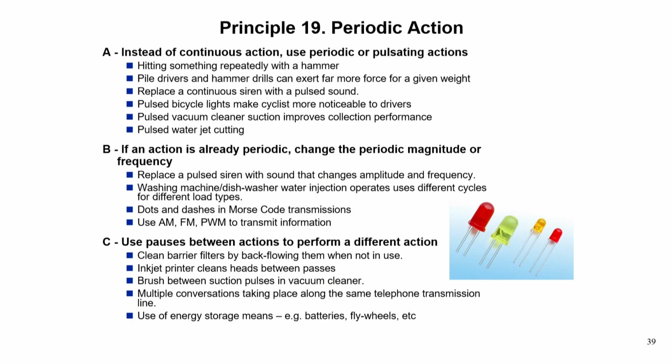I now come to principle 19, periodic action. You may think it is almost the same as vibration, but periodic action is not exactly like vibration. Periodic action may mean some signal which is not vibration, but at least it is periodic in nature.